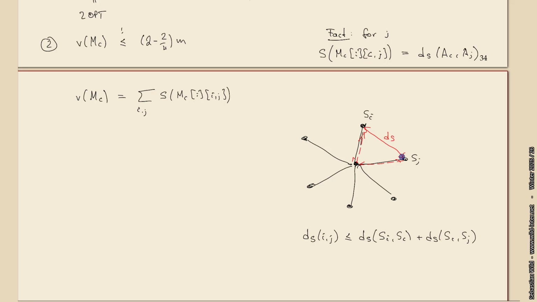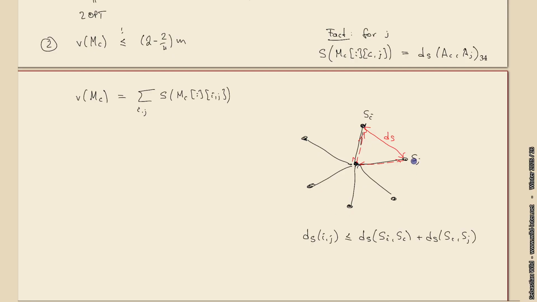So how often do we sum over each edge? We sum once for i equal the leaf, j equals the center. I guess another time for i equals the center and j equals the leaf.